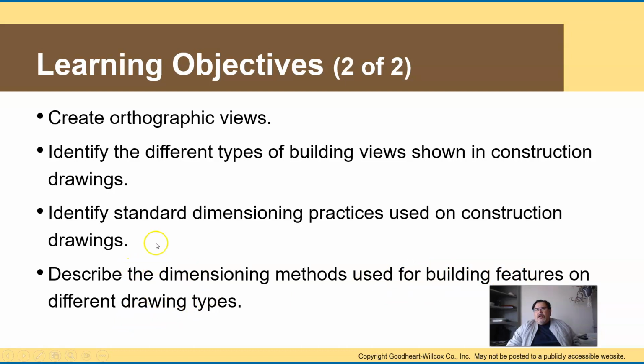So one of the things that we hope that you're going to be learning, and our objective, is that you'll be able to describe the dimensioning methods used for building features on different types of drawings. So different drawings have different dimensions that are like the key dimensions that I mentioned, and being able to describe them.